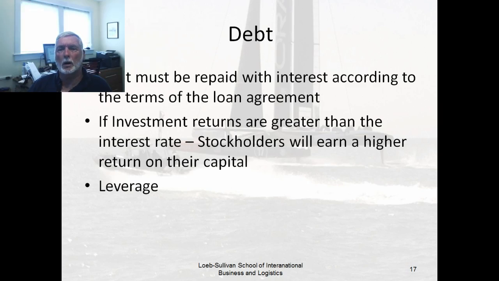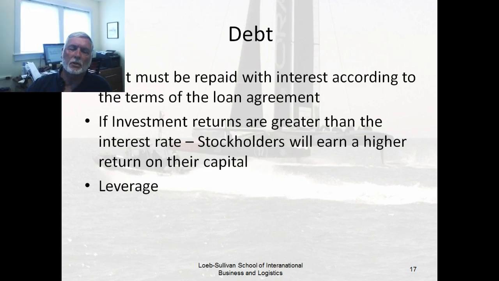So if I can borrow at 3% and invest that money at 6%, then the difference between the 3% and the 6% flows down to the income statement to the stockholders. So it's a good thing to borrow. Leverage allows you to earn more money for your stockholders. It also carries greater risk, and we're going to spend a lot of time looking at that risk reward a little later on. Here we're just trying to define what we're looking at.